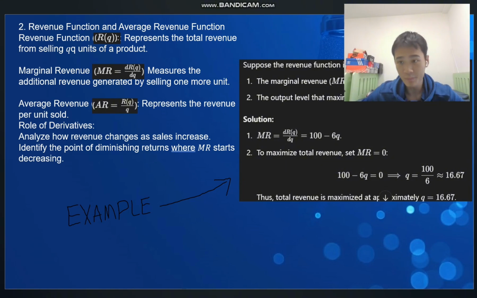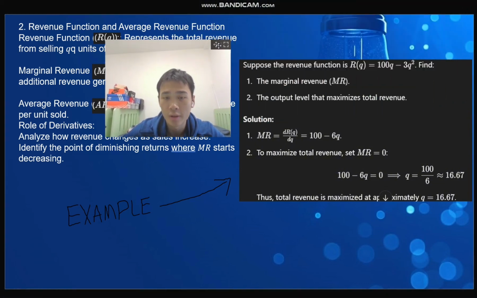So, in this part, the role of derivatives is to analyze how revenue changes as sales increase and identify the point of diminishing returns where MR starts decreasing. So here we also have an example.